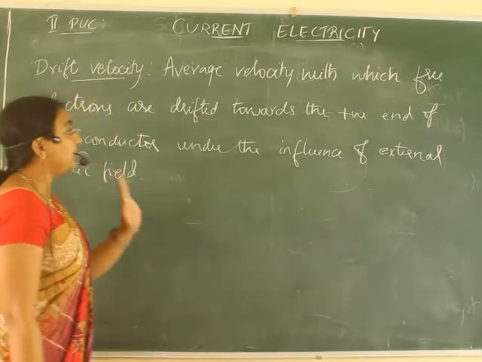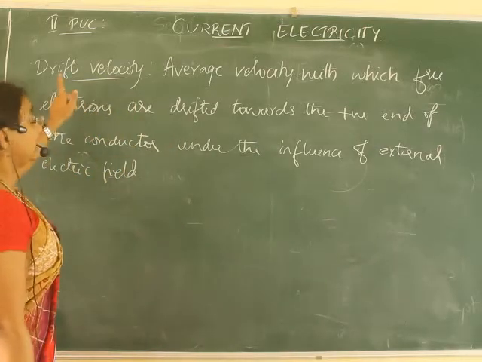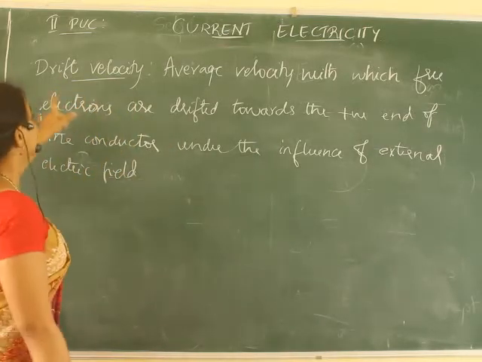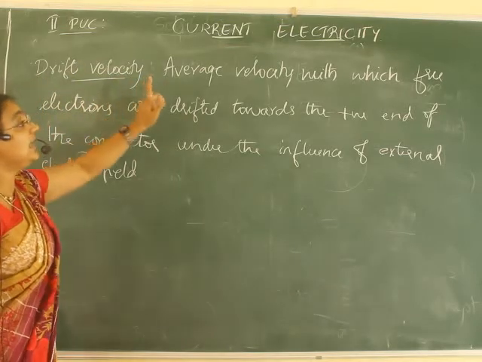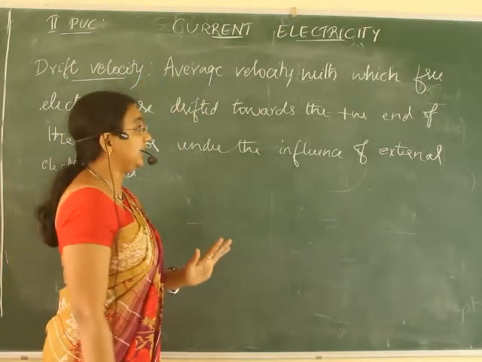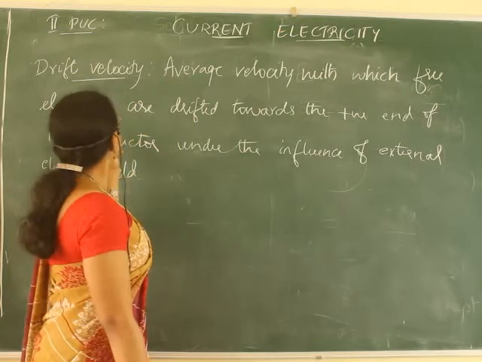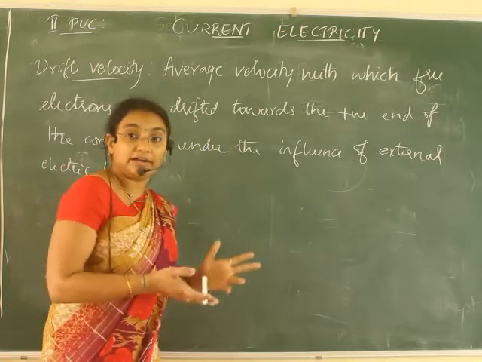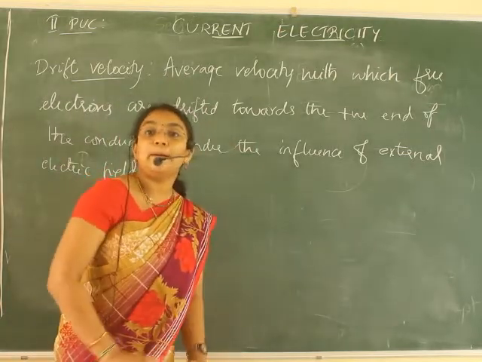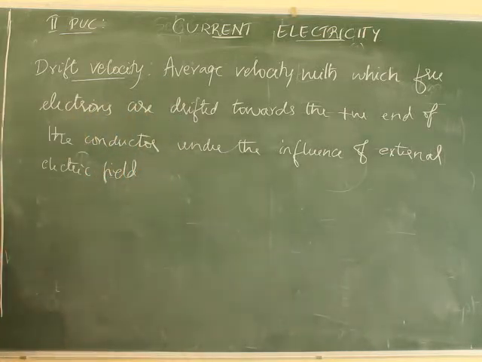But you should not write that. What you have to say is drift velocity is nothing but average velocity with which the electrons are drifted to move towards the positive end of the conductor under the influence of the external electric field.